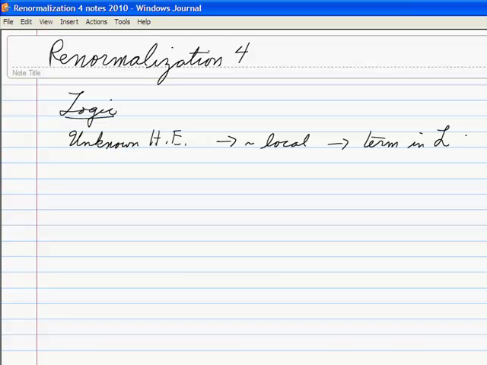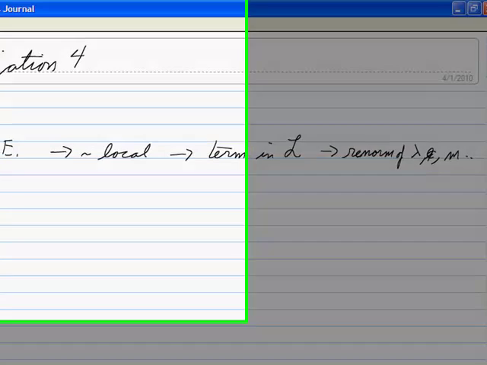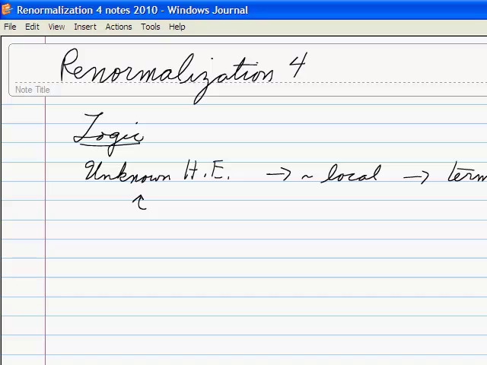And so that unknown high energy stuff ends up being in the renormalization of parameters, renormalization of coupling constants or masses, etc. Okay, so basically anything that happens at high energy fits into that mode. It might be nice otherwise, but that's what it is.